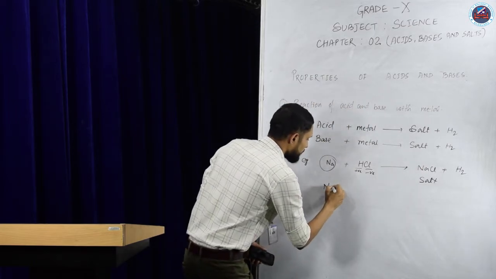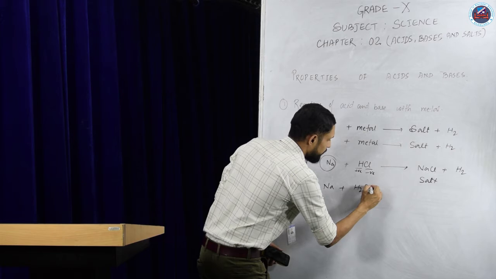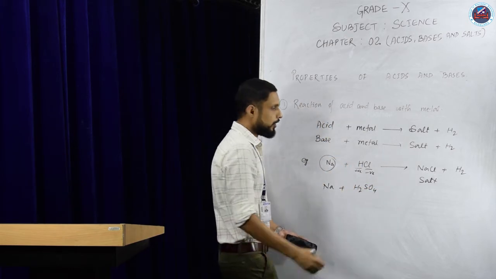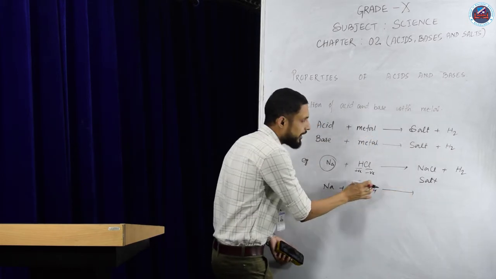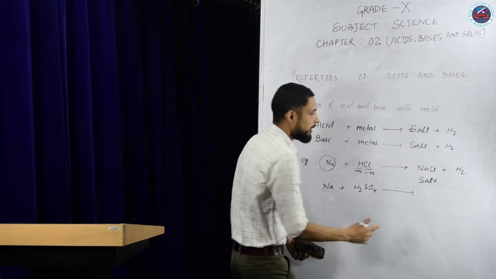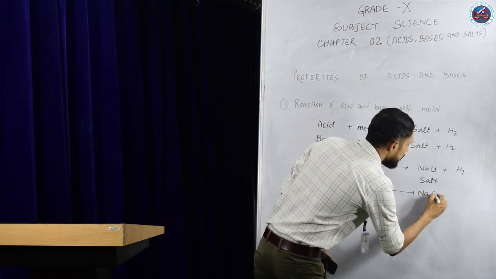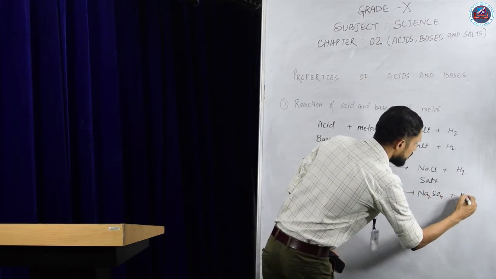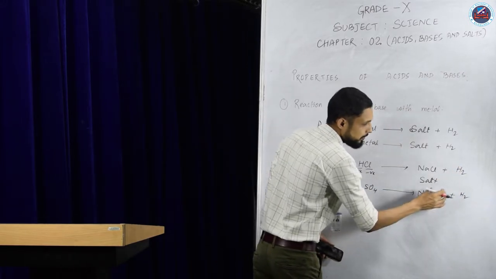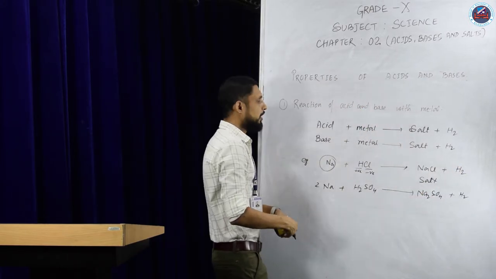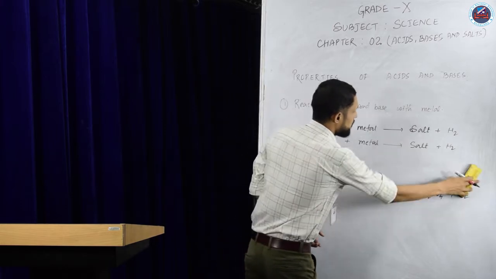Say sodium reacts with sulfuric acid, that is H2SO4. Now sodium again being electropositive will take the negative part, that is SO4, and will form Na2SO4, plus you will get hydrogen gas. So we get salt plus hydrogen gas. Let us see the reaction of base with metal.